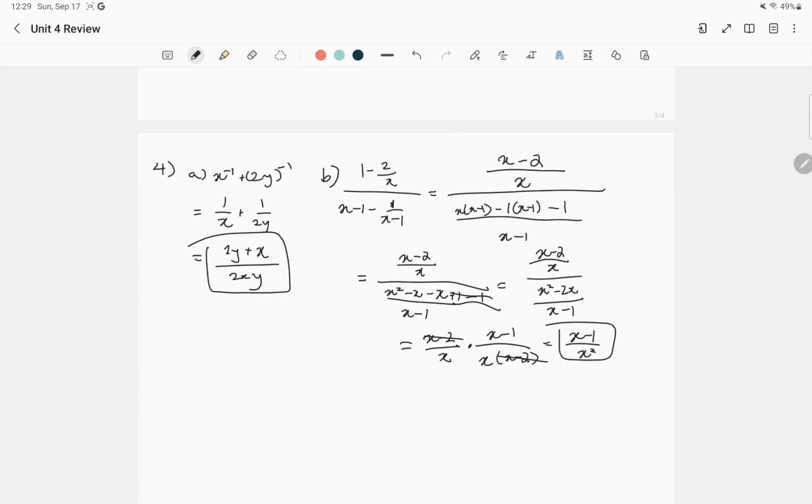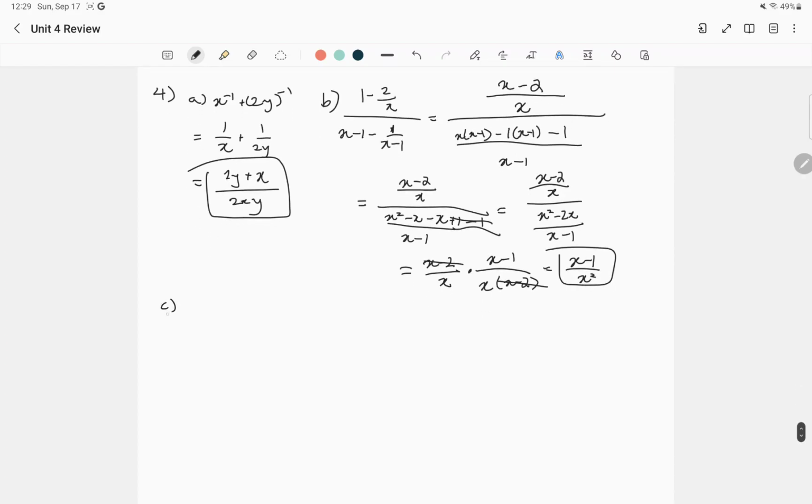Moving on, C. Oh, this is quite a big one. C is going to be one big line, and then x minus 1 over x minus 2 minus x minus 1 and then x minus 2. So it's flipped up here, like we see. We have 1 minus x minus 1, and that's 1 minus x minus 2.